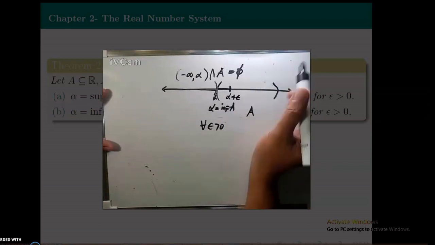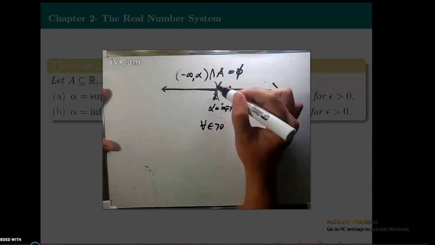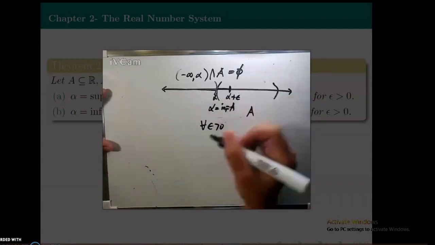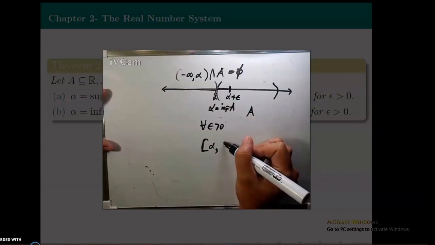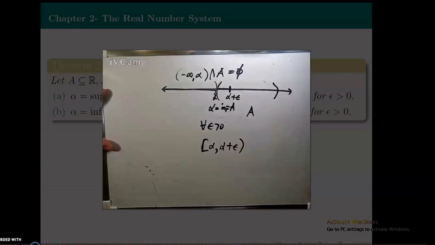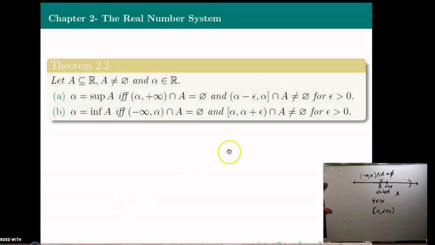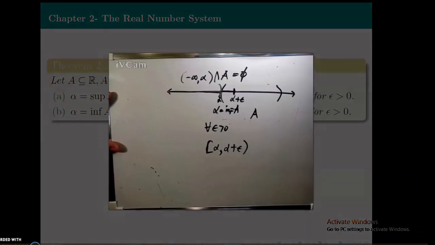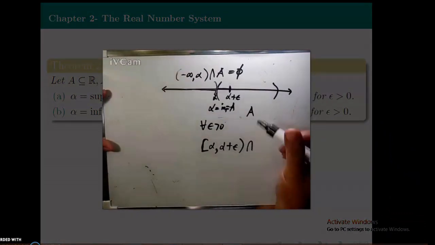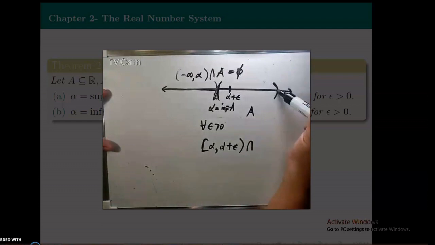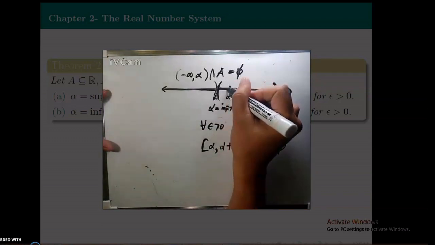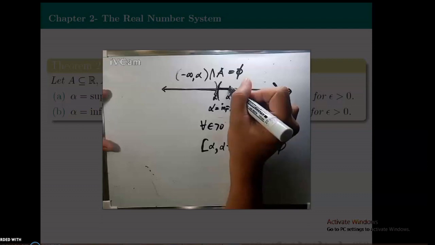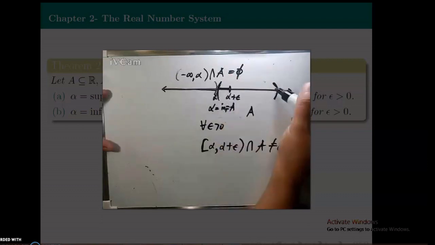Now if we take the intersection of the interval from closed alpha to alpha plus epsilon with the set A, it is not empty. So there are common elements here.